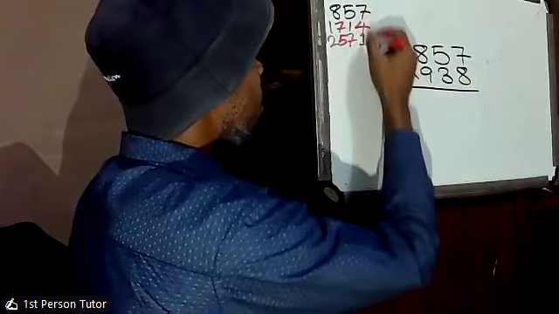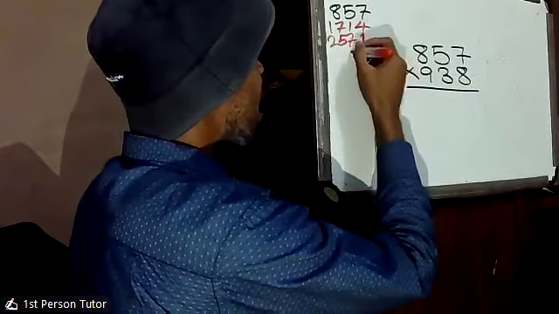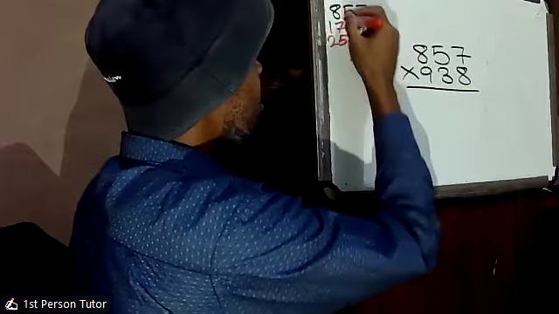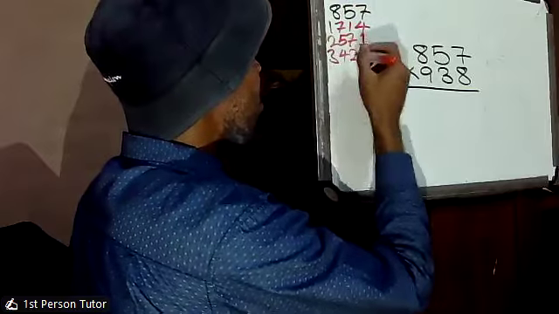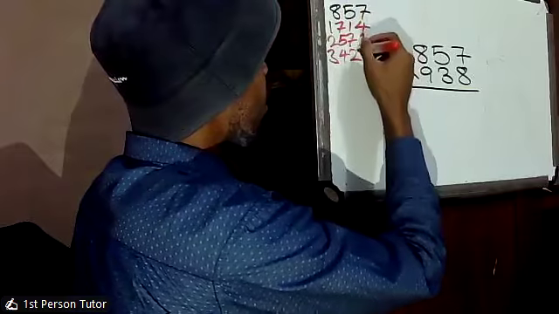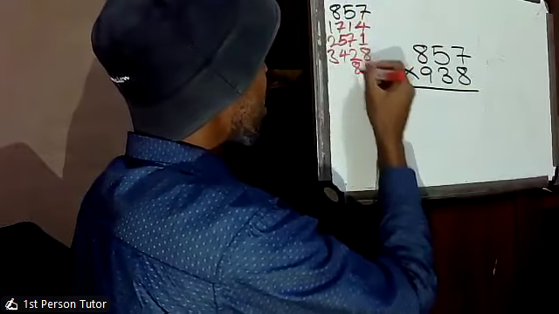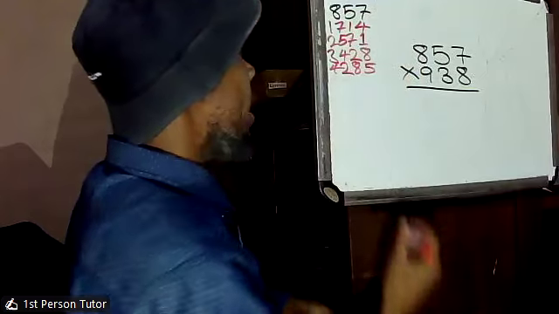Then we'll continue. 7 plus 1, we'll have 8. 7 plus 5, we'll have a 12. 1 plus 13, that is 14. So we'll have that here. 7 plus 8, we'll have 15. 1 plus 7, we'll have the 8. Then, of course, this will be 4285.